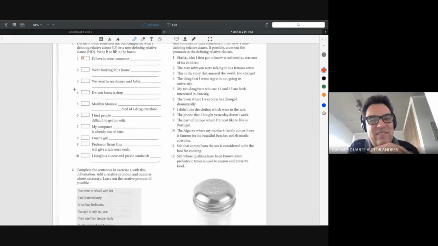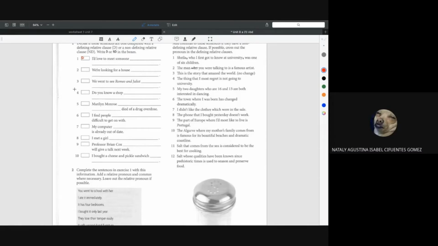And then we have a second activity where we complete the sentences. Yeah, but the instructions said to decide if these sentences are best completed with a defining relative clause.